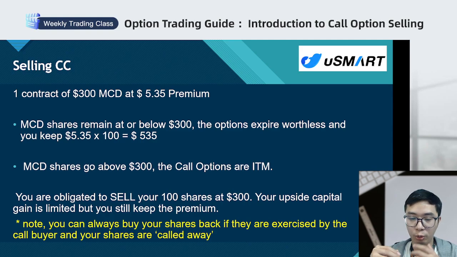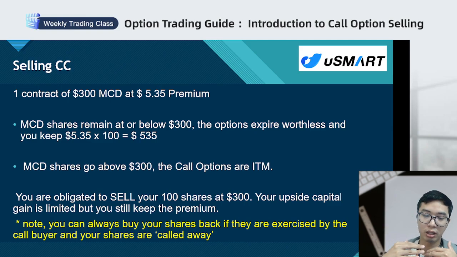So for those who are scared, what we do is we got these 100 shares, we already sold the 100 shares, and we can always buy back the 100 shares, right? We buy these stocks, like maybe McDonald's at 100, then maybe 200. When we hit 300, we do a sell call at 300.